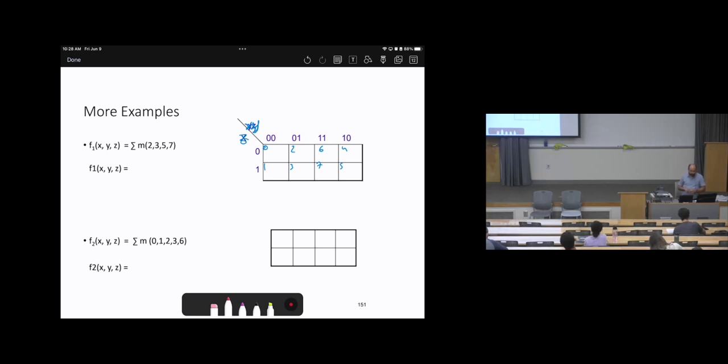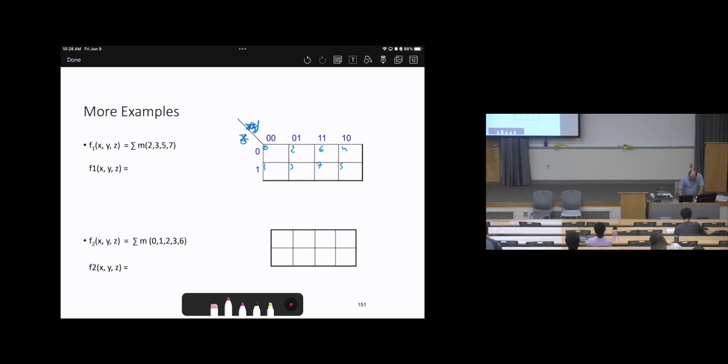When you do the simplification, please tell me what's the answer. Yes? Is it x bar y plus xz? Correct. Right. Let's do it.